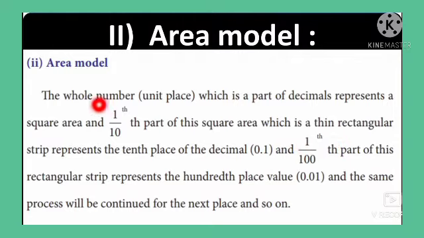So children, the whole number is represented as a square area, the 1 by 10th part as a thin rectangular stripe, and the 1 by 100th part as a smaller rectangular stripe.